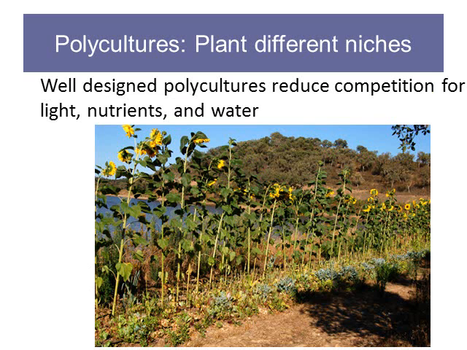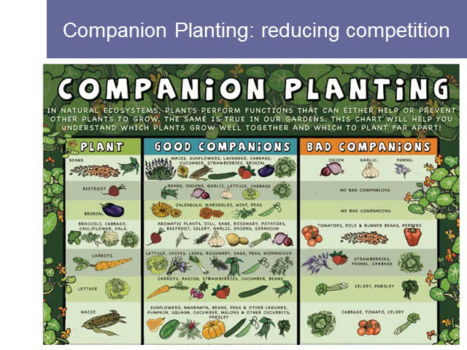This picture is of sunflowers, which love sun, obviously, and growing at the base of them are kale and lettuce, which need a little bit less light and are happy being shaded by the sunflowers. It's also another concept known as companion planting.